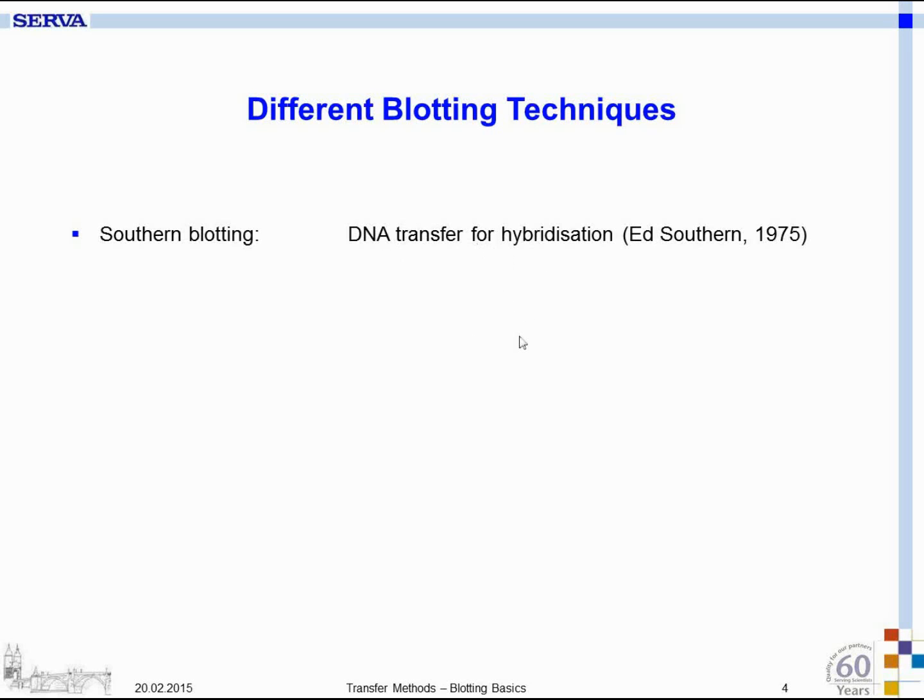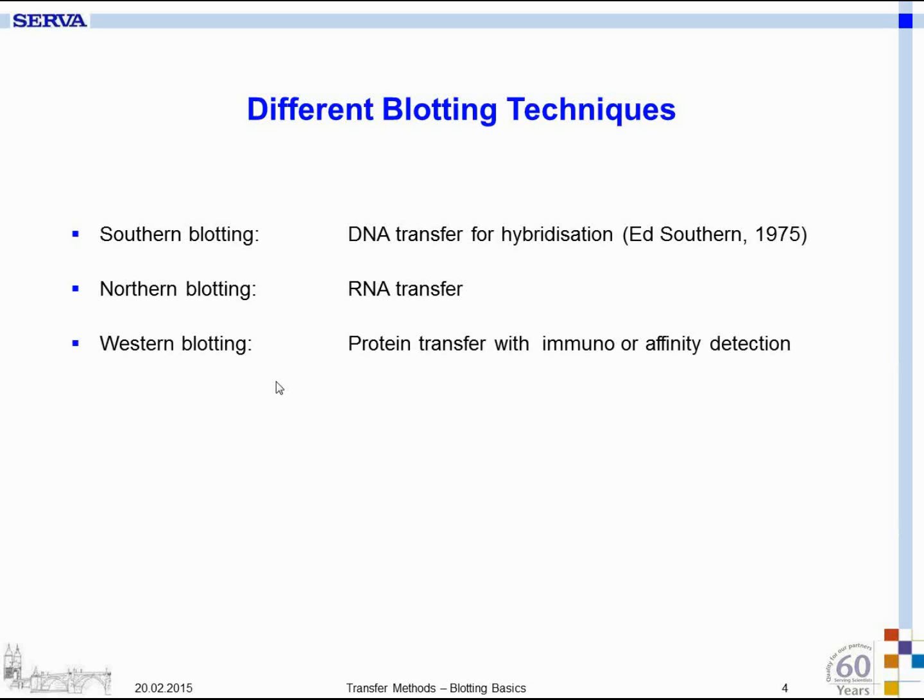I will show you a separate slide just describing this technique in more detail. Two years later was a paper on Northern blotting, but that was not invented by Mr. Northern. It was just in honor of Ed Southern. They called it Northern blotting. It was just an RNA transfer and further analysis, also from agarose gels.